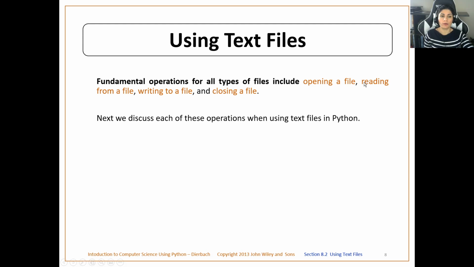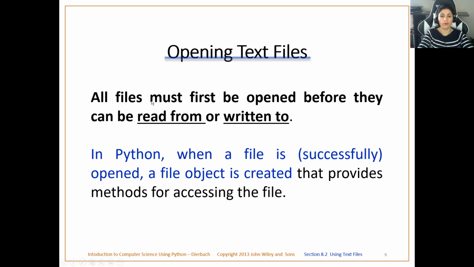Then you are either reading from a file or writing to a file, depending on what you want to do. And sometimes you're reading from a file, you want to change it, and then write the changed data into another text file. Again, all files must first be opened before they can be read from or written to.